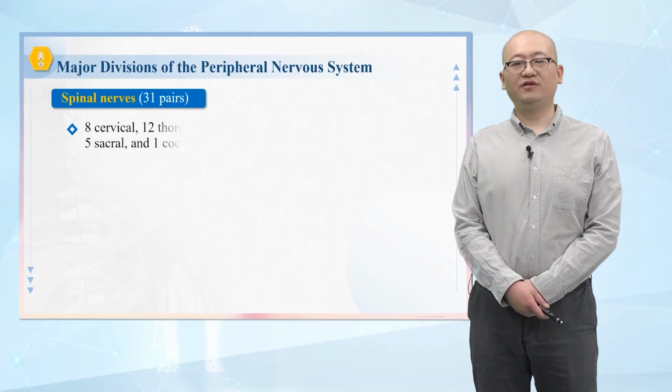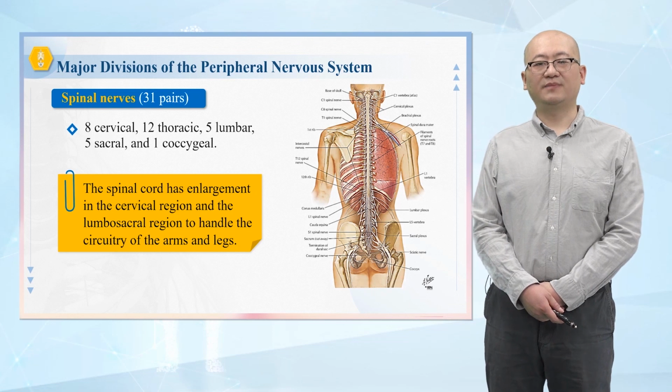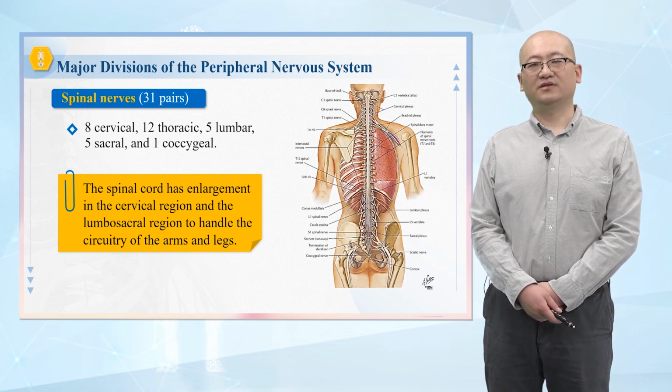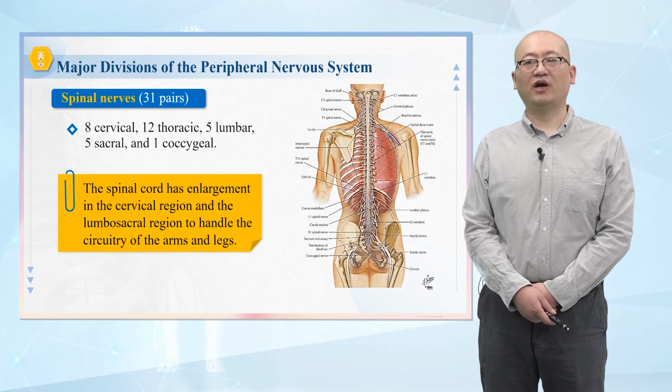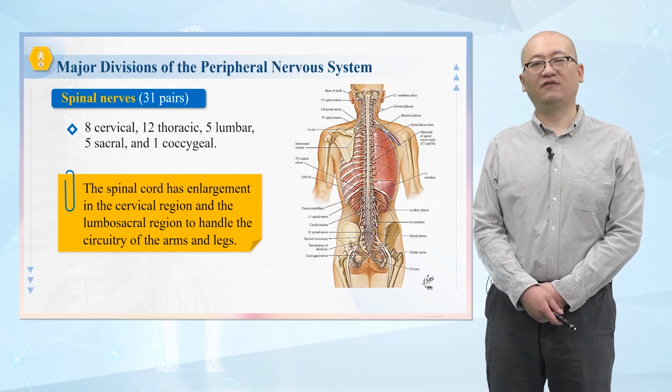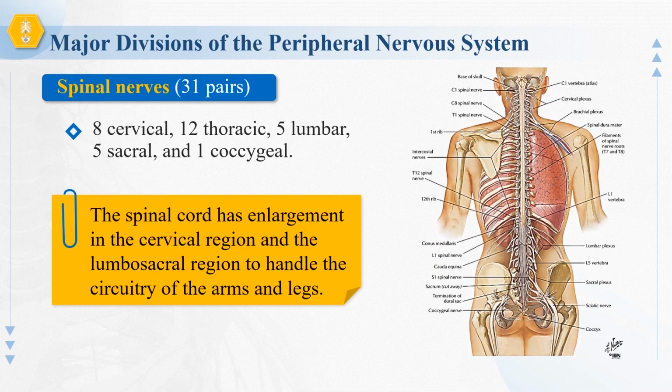The major division of the peripheral nervous system: the spinal nerves have 31 pairs, the 8 cervical pairs and 12 thoracic pairs and 5 lumbar pairs and 5 sacral pairs and 1 coccygeal pair.